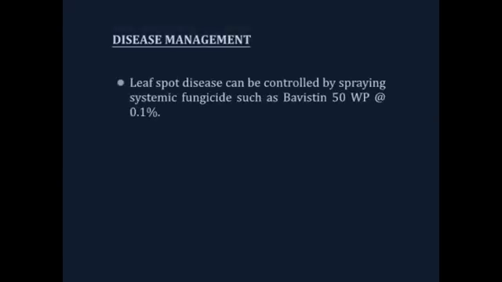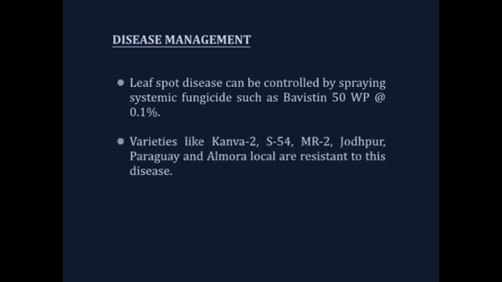Severely affected leaves become yellowish and fall off prematurely. Now let's see the management of the disease. Leaf spot disease can be controlled by spraying a systemic fungicide such as Bavistin 50 WP at the rate of 0.1%. Varieties like Convert 2, S54, MR2, Jodhpur, Paraguay and Almora local are resistant to this disease.